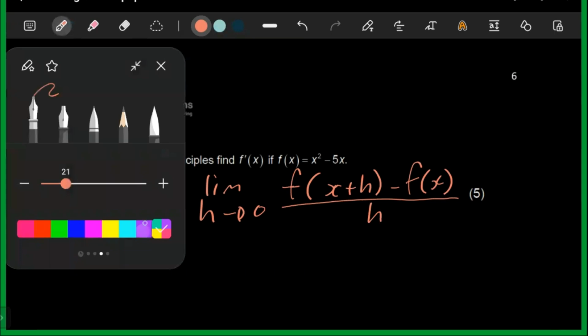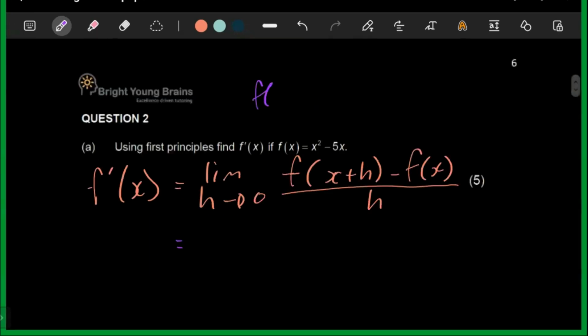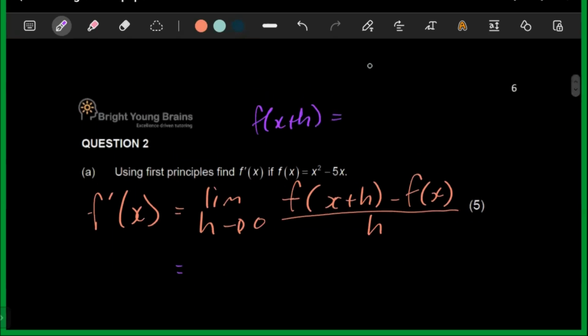So the big idea here is you need to keep in mind that with f of x plus h, this is going to be equal to x plus h squared, and then minus 5 times x plus h.